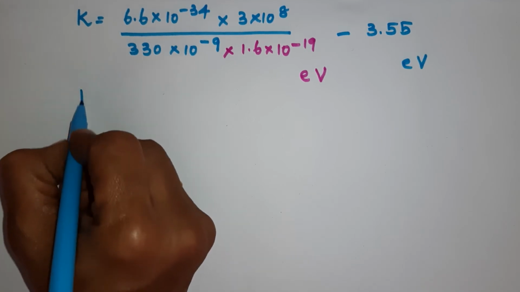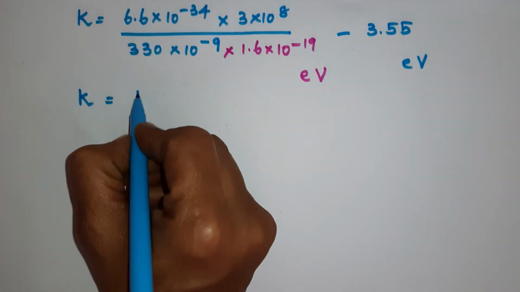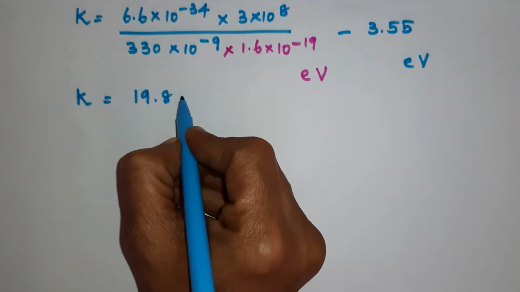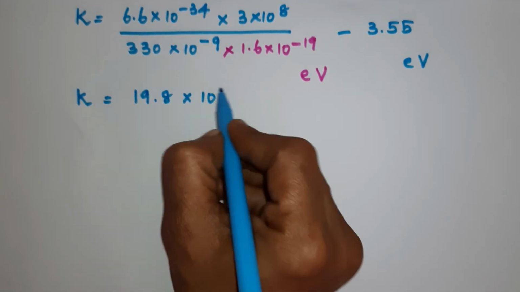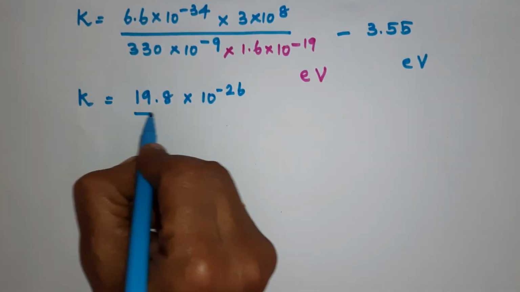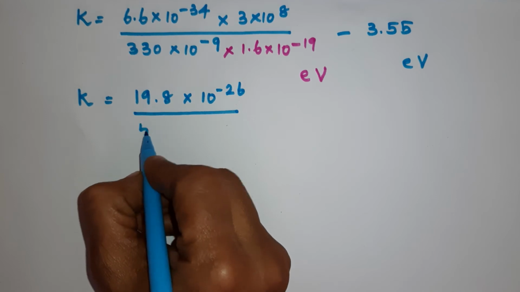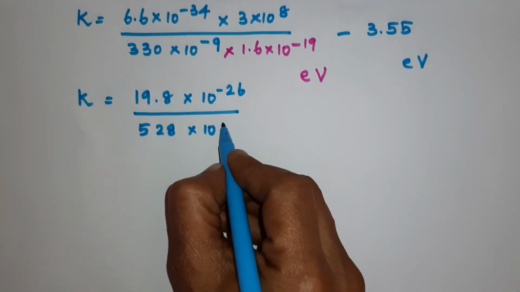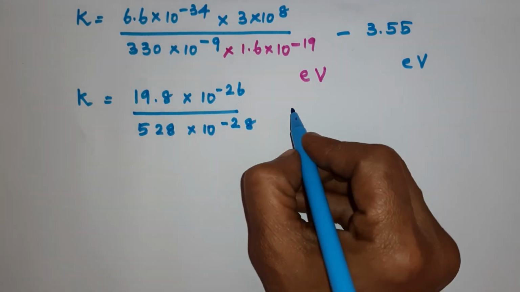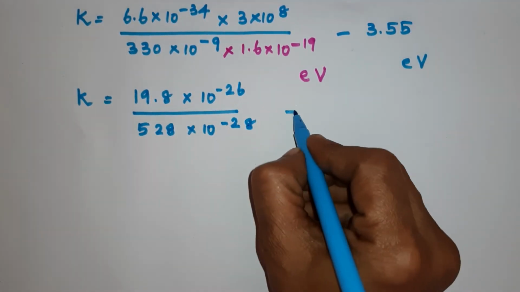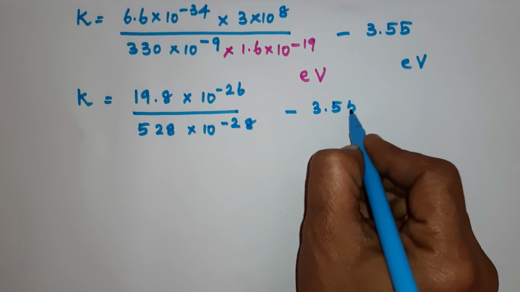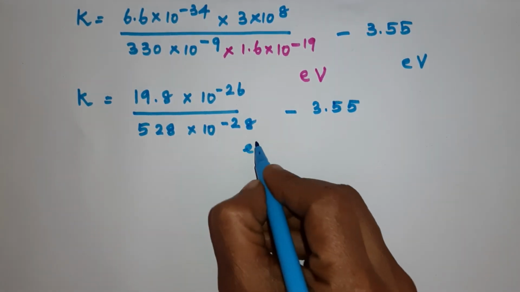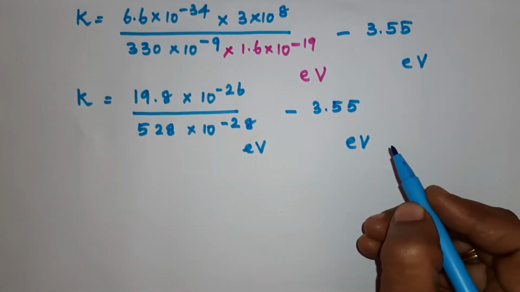So the numerator will be K equal to 19.8 into 10 power of minus 26 divided by 528 into 10 power of minus 28. This value minus 3.55, both now in terms of electron volt.